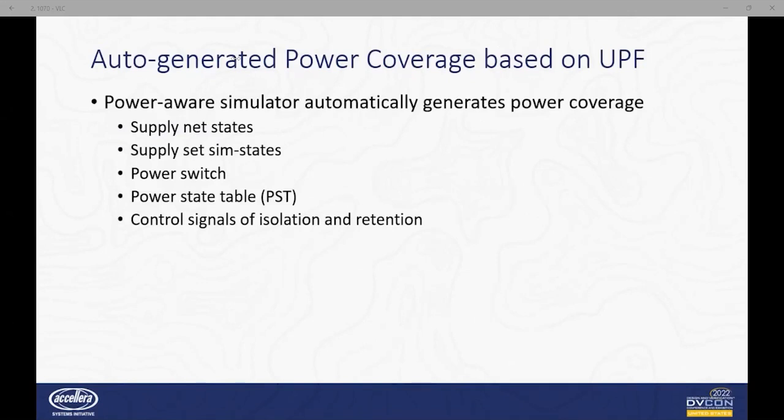With the LPS option of the Cadence simulator, the coverage model for the following power features, like voltage supply, power switch, power state table, and control signals of isolation and retention, is generated automatically. It helps to increase the power verification quality by checking whether all of the power metrics described in the UPF are covered by verification.